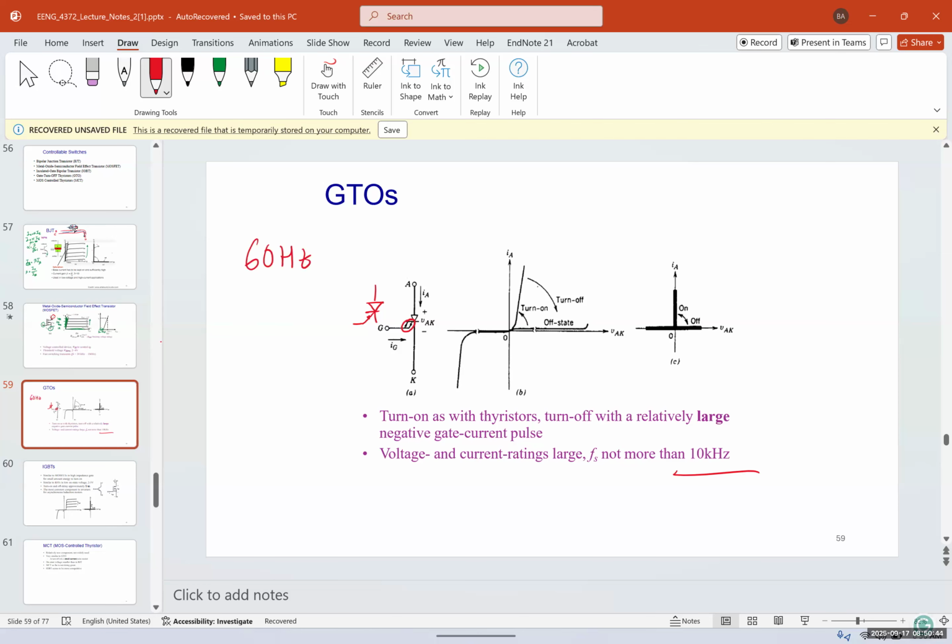If we want to build an inverter, this is ideal. If we have like a 10 kilovolt, 100 amp system, high voltage, high current, this is going to be ideal for that. Cheap, and we don't have high frequency, we have relatively low frequency, which is perfect for that.